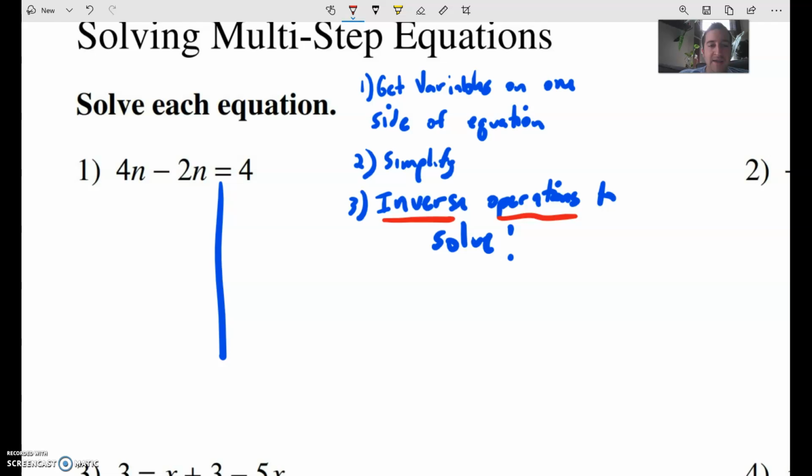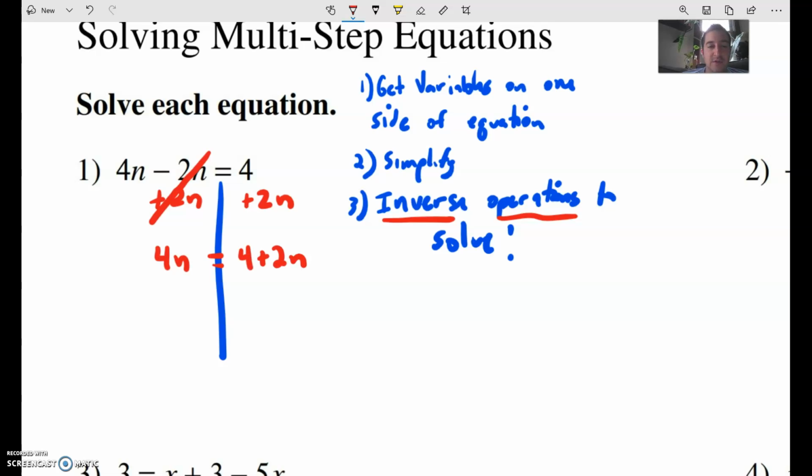If this is a minus 2n, then I would need to add 2n to get that to cancel. And then what you do to one side of the scale, you have to also do to the other. So I would add 2n over here. So my new equation would be 4n equals 4 plus 2n.